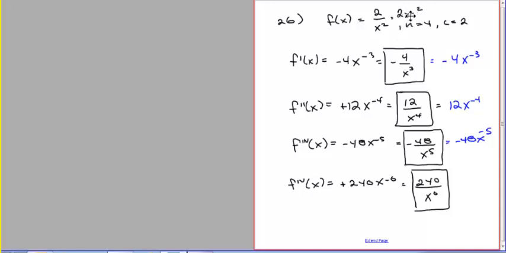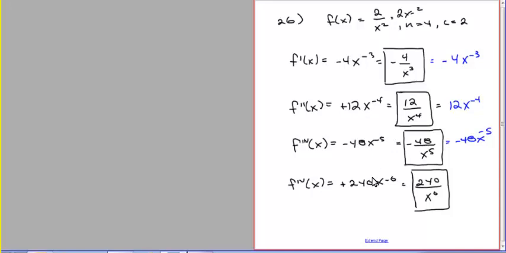So when I take the derivative of this, I'll get negative 2 times 2, which is negative 4. Reduce the exponent by 1. Next time I take negative 3 times negative 4, gives me 12. Reduce the exponent by 1. Negative 4 times 12 is negative 48.